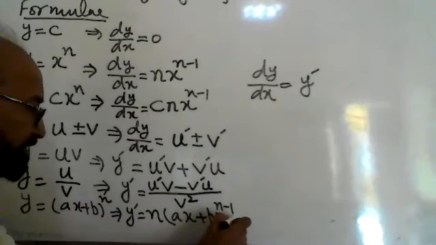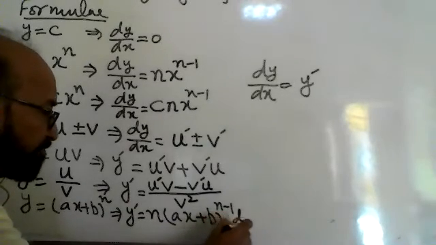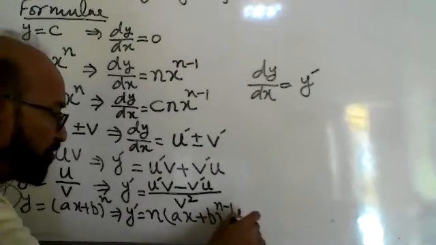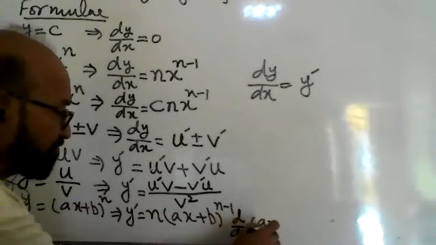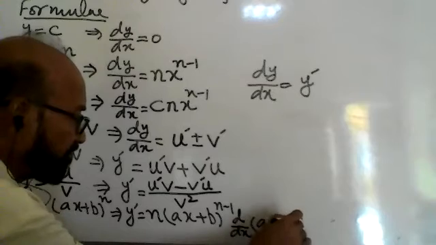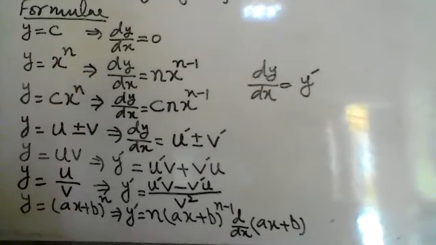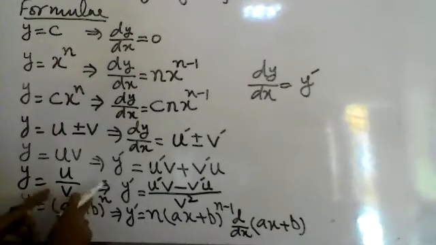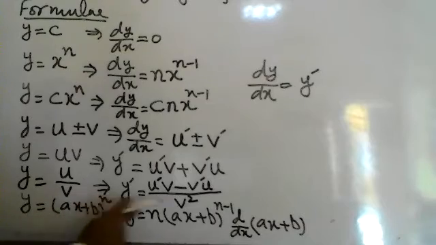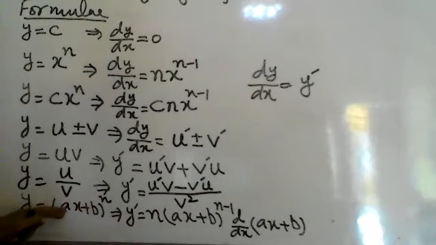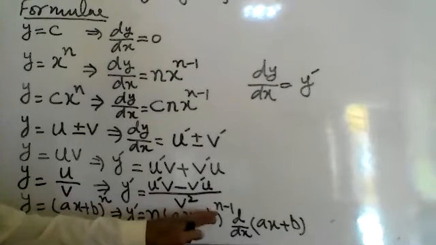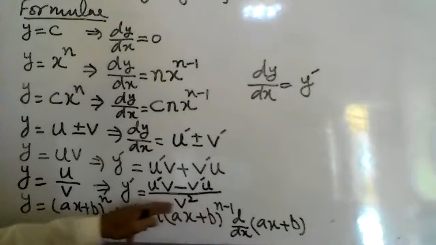Into the derivative of what is inside the bracket, ax plus b, not any power, only the function inside the bracket. Without the power, we take the derivative of that. Then it will be multiplied with the derivative of what is inside.